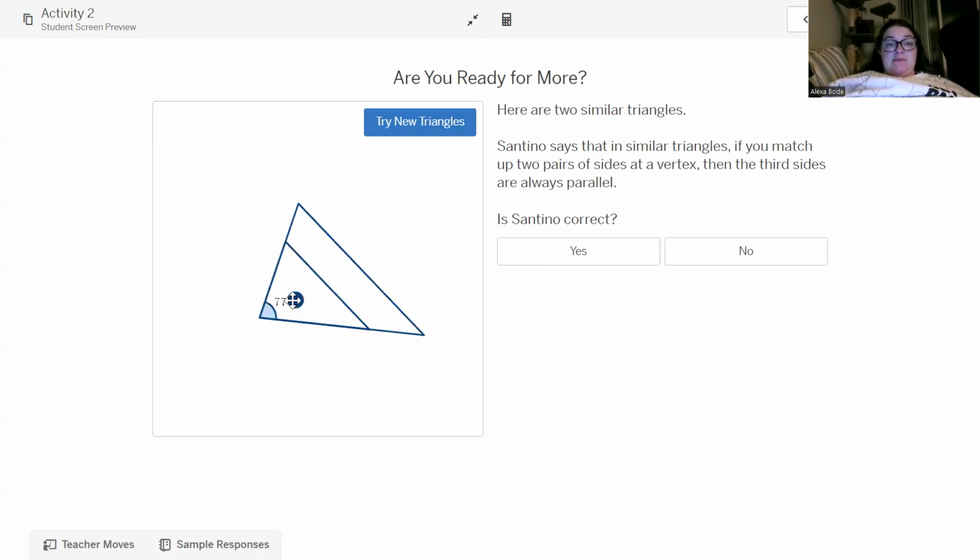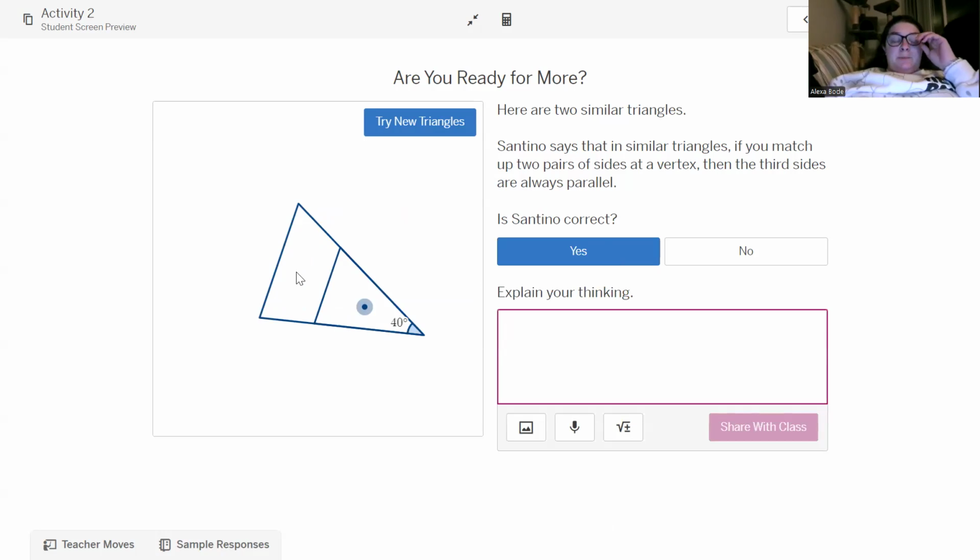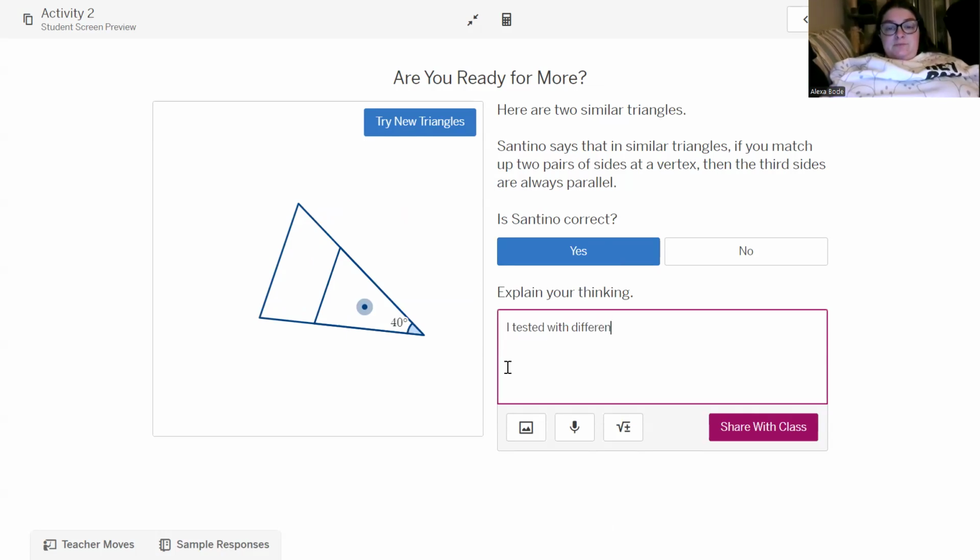So I could sit here and keep doing this all day long. I will not find similar triangles that don't share parallel lines. So in your thinking, you could say that you simply tested it with different triangles.